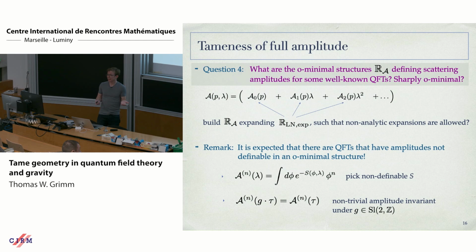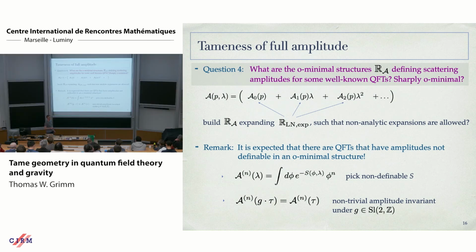Then clearly it cannot be a tame function on the full upper half plane, right? Unless it's a constant, because it has all these infinitely many images. So not everything can be tame, so something is missing. So how can my claim which I made in the very beginning be even true?